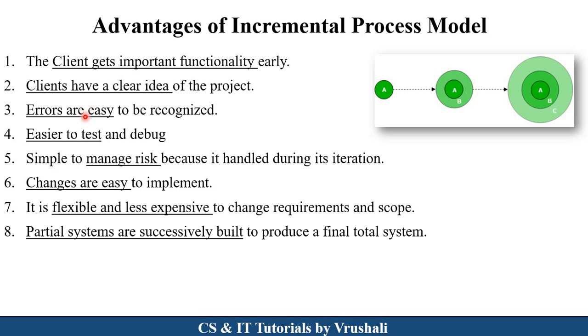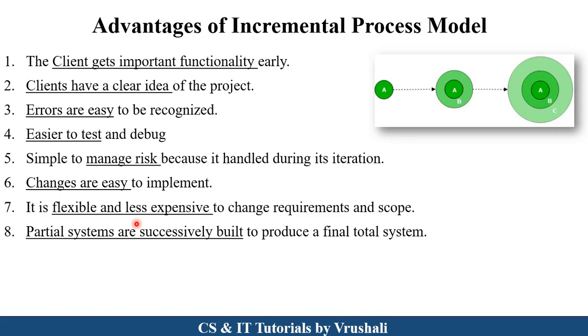Due to module-by-module development, errors are easy to recognize, and it is very easy to test and debug the product module by module. If there is any risk, it is very easy to handle during module-by-module development, and changes are very easy to implement.